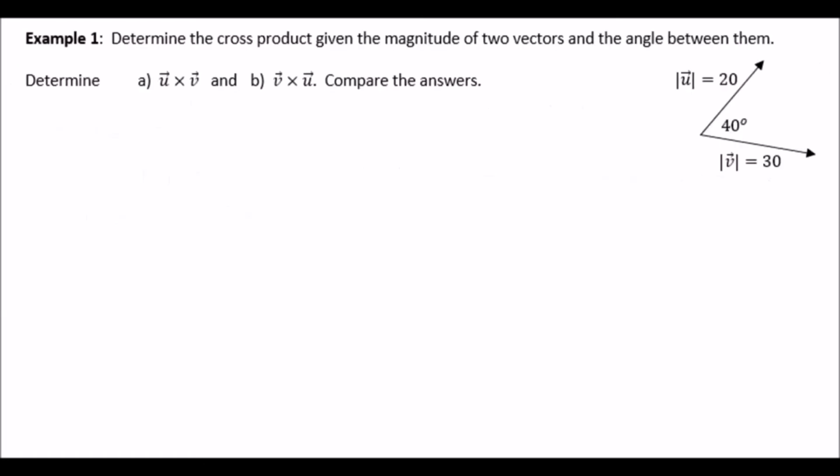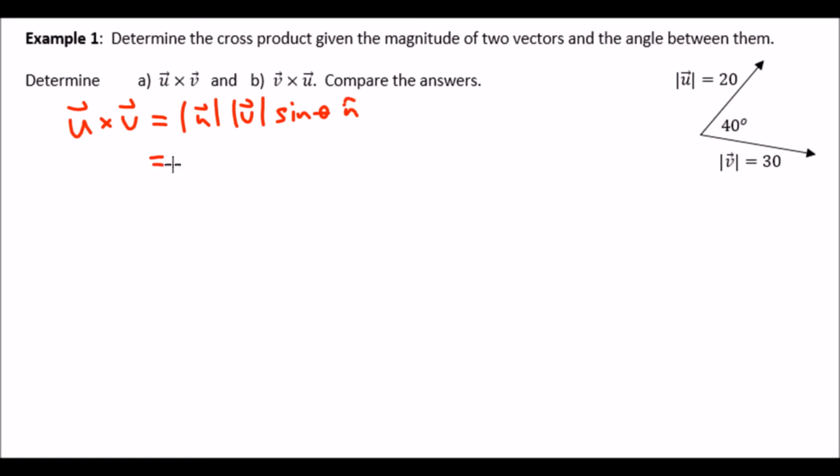Alright, so some examples. We'll do example 1 and 2, and then for example 3 and 4 I'll create another video for that. So here it says determine the cross product given the magnitude of the two vectors and the angle between them. So this is a geometric vector example. So if I want to use u cross v, so u cross v will be equal to the magnitude of u, magnitude of v, and then sine theta n hat.